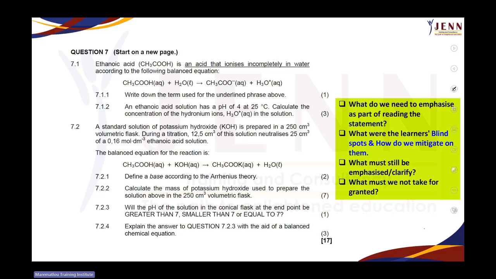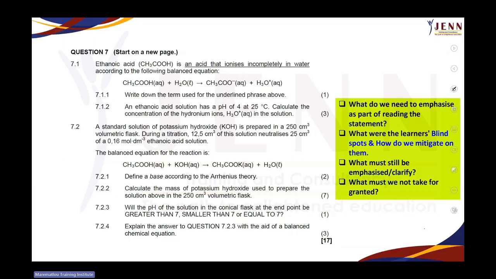And also, the standard solution of potassium hydroxide is prepared in a 25 centimeter cubed volumetric flask. During titration, 12.5 centimeter cubed of this solution neutralizes 25 centimeter cubed of a 0.16 mole per decimeter cubed ethanoic acid solution.